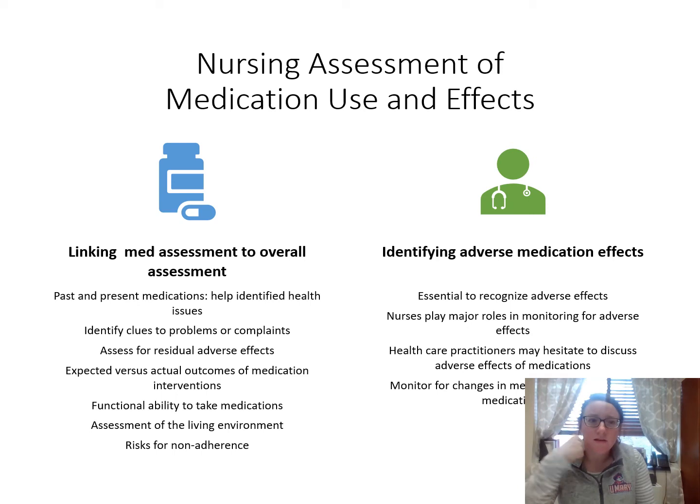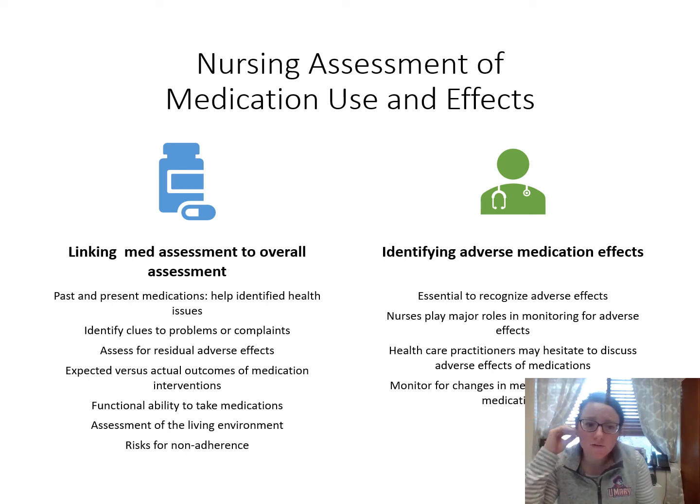So let's say they were on 3 different blood pressure medications, and we're looking, they're having uncontrolled blood pressure right now. We can look back, did they stop, have they lost weight? Have they started an exercise regimen? And how do the current medications kind of relate back to their past medication use?